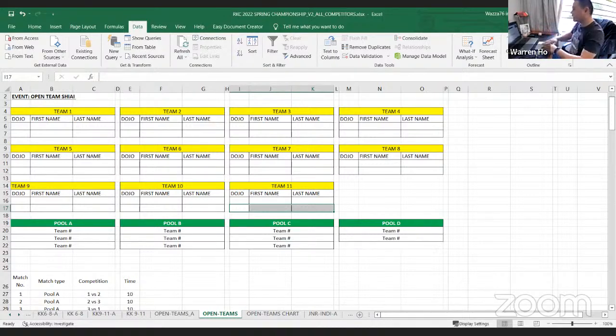I've named the pools A, B, C, and D. So the equivalent would be A is 1, B is 2, C is 3, and D is 4. So when I go team 1 and I draw a number to say it's 4, they will belong to pool D. Got it? So let's do it very quickly.